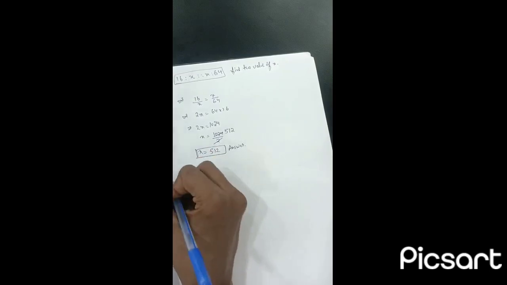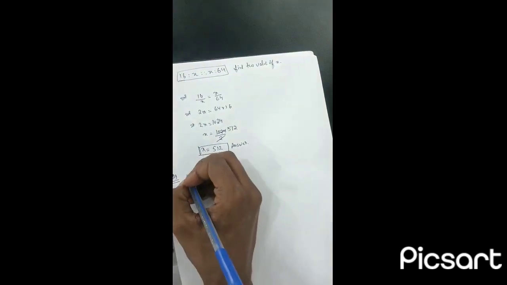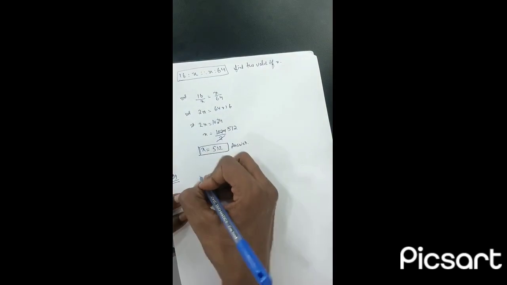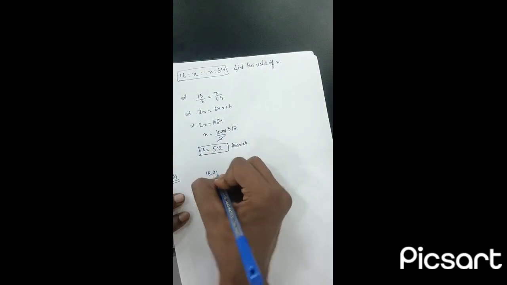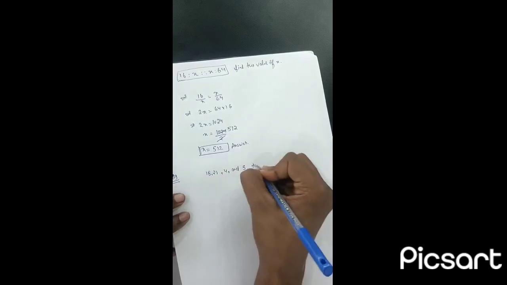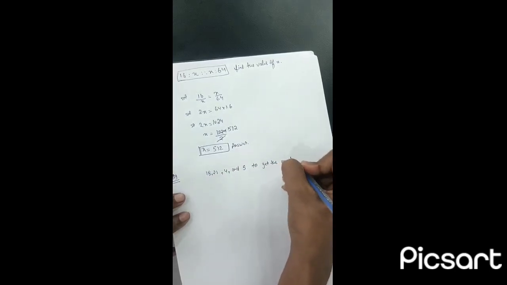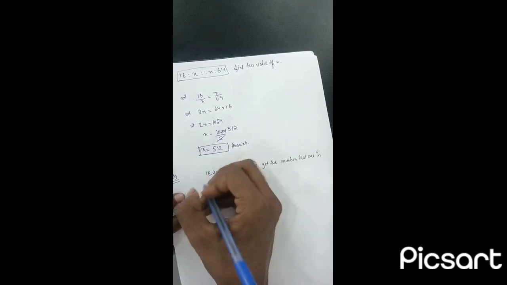Question number 9. Now we have to solve this question. Chalo. Now we will be solving question number 9. We have the values 18, 21, 4 and 5, and we must get numbers that are in proportion.